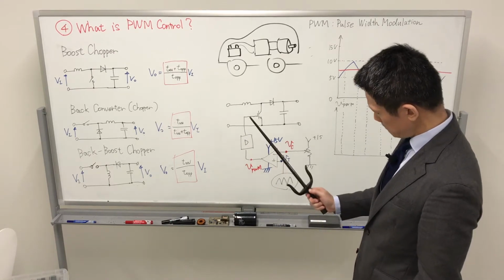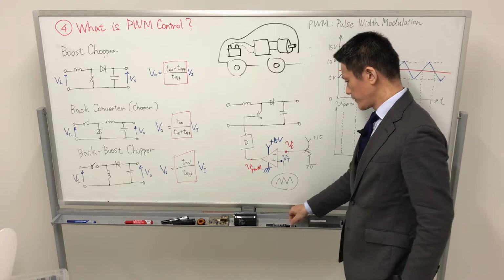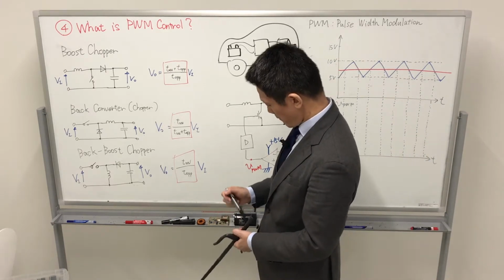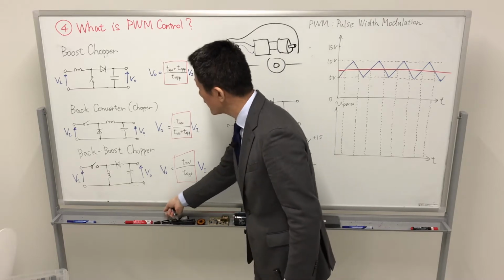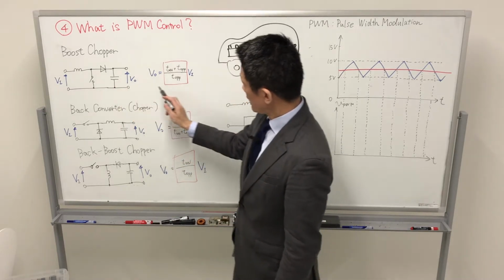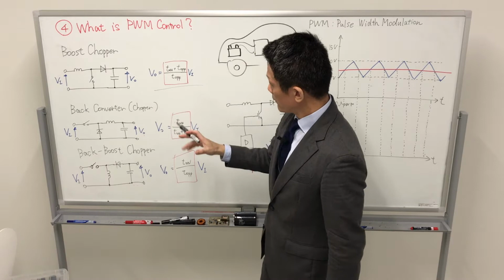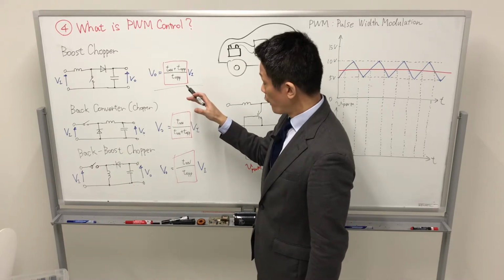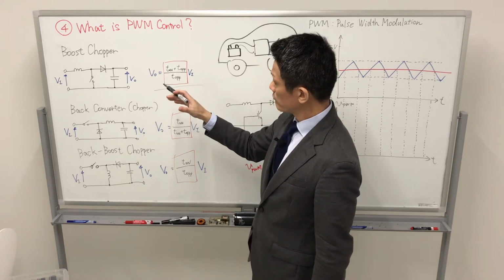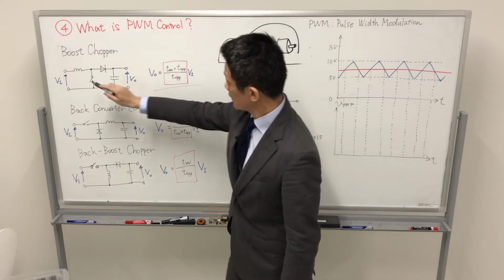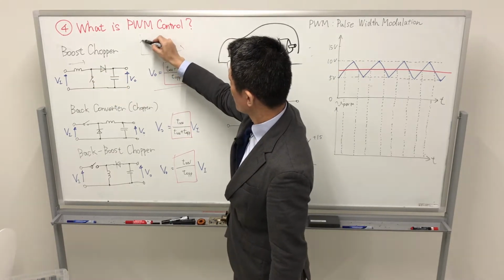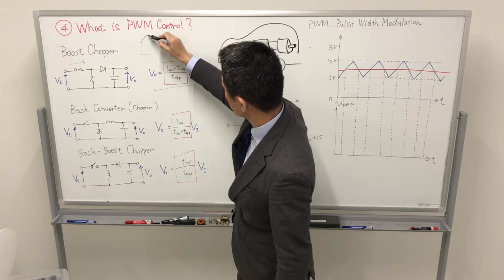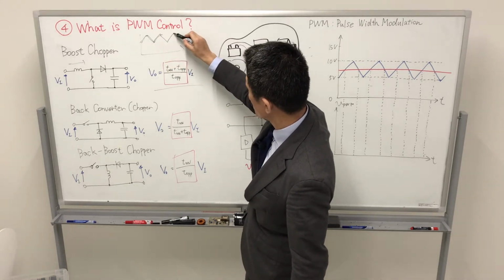Of course, this is a very maniac discussion, and this equation is only for the case where the inductor current flows like this, turn on and turn off, turn on and turn off.